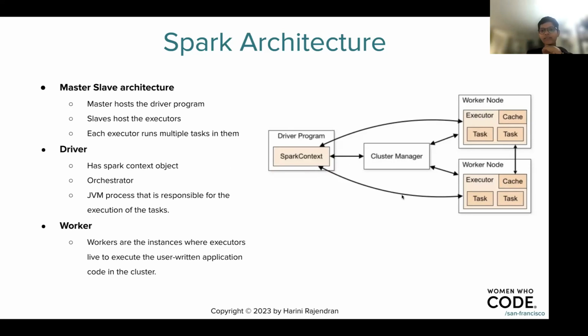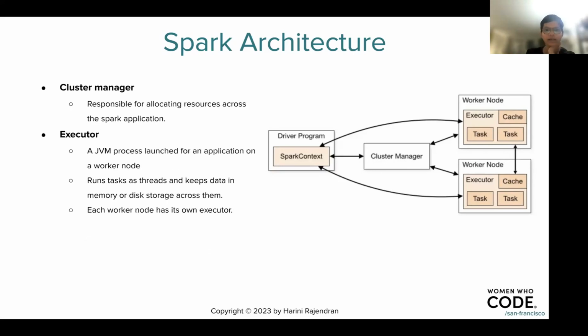The cluster manager takes care of allocating the tasks to nodes, and then the actual nodes have executors which run the tasks, store the intermediate results in cache, and then finally, when all the processing is done, a subset of the final result is sent back to the driver program. It would merge the results and then give it back to the person who initiated the job.